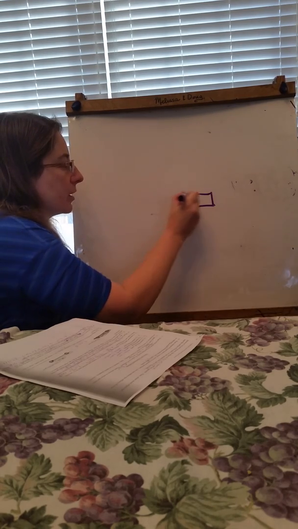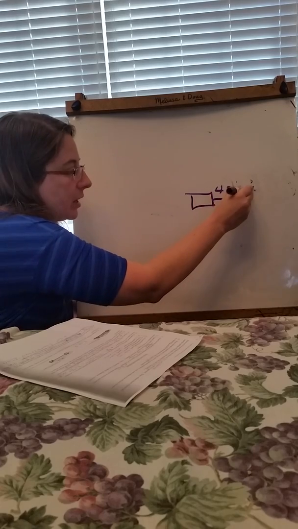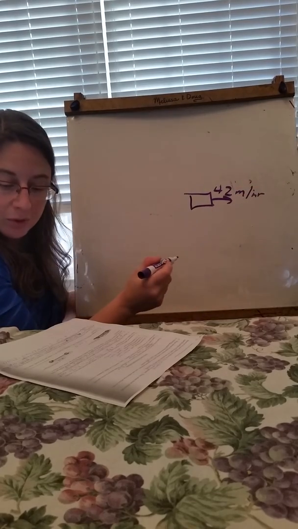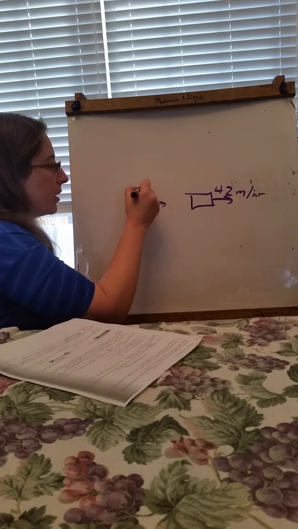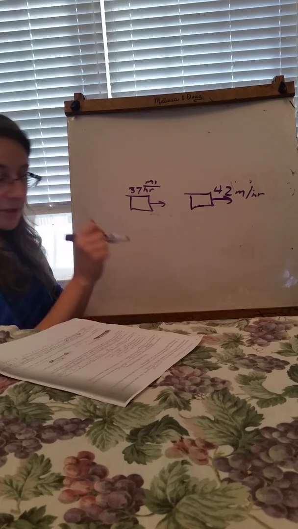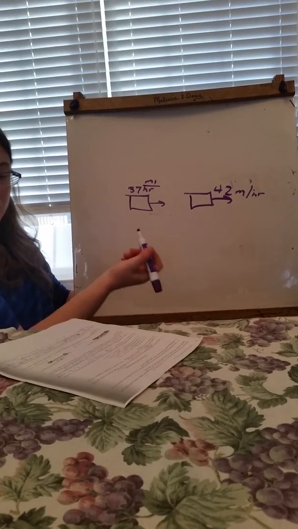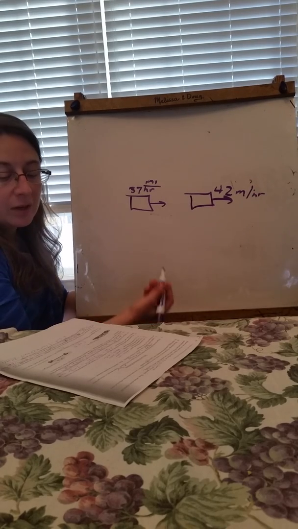All right, so truck is going 42 miles per hour north. The car is going 37 miles per hour north. So they're going the same direction. So the truck is, of course, pulling ahead of the car.